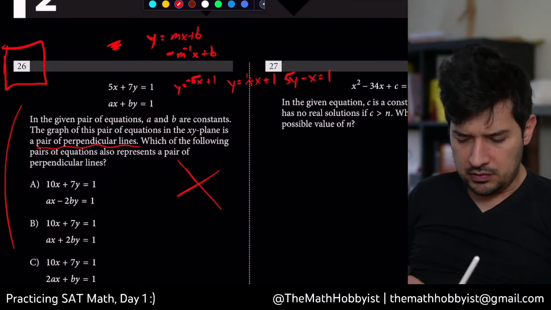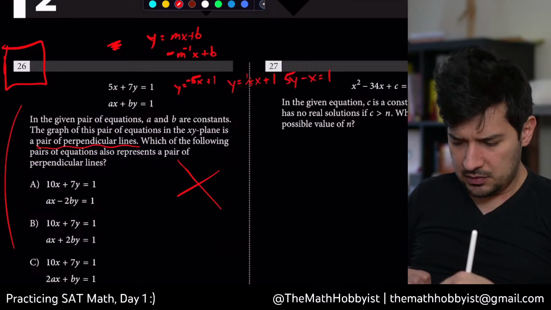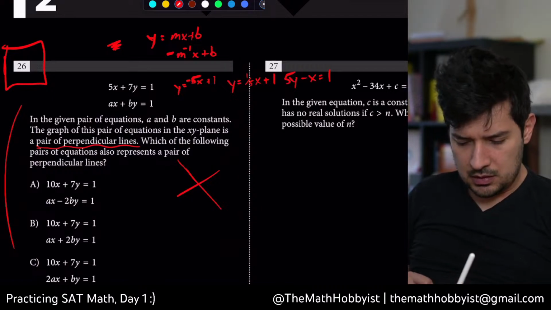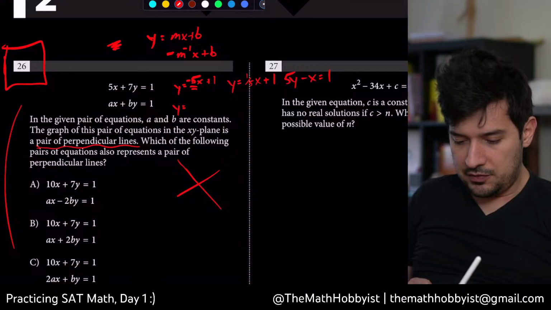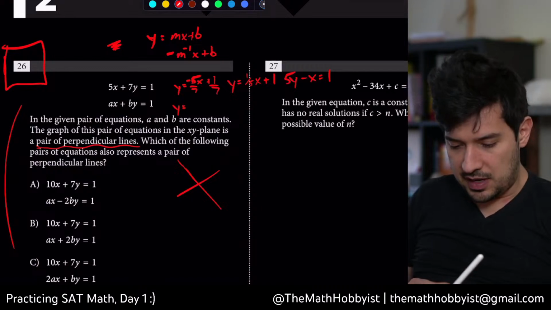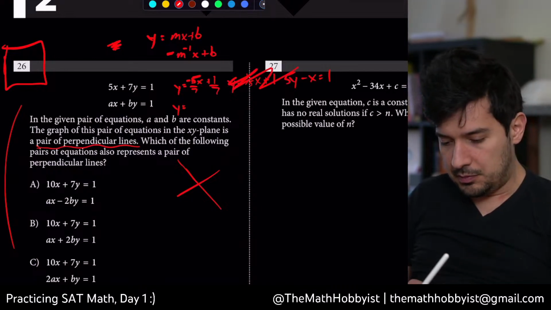And then in this, so can we 5x? No. Oh wait, 5. Negative 5/7 x plus 1/7. I messed that up.